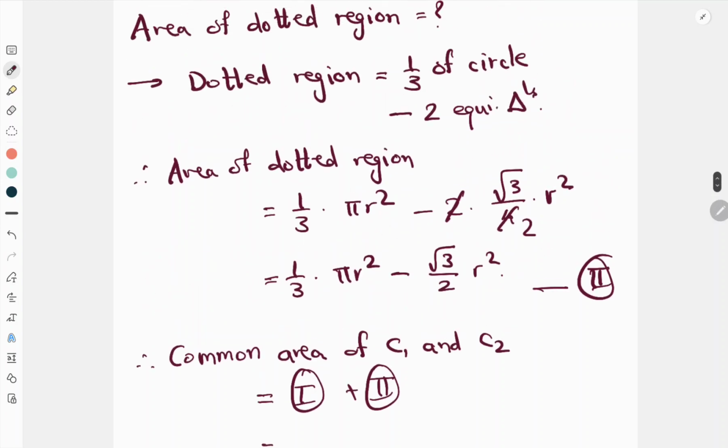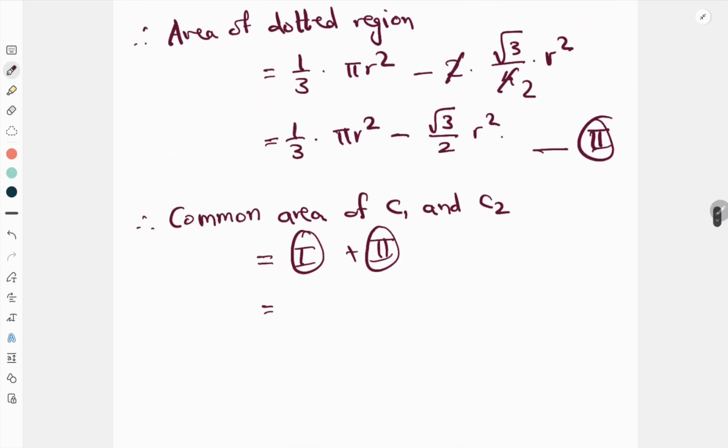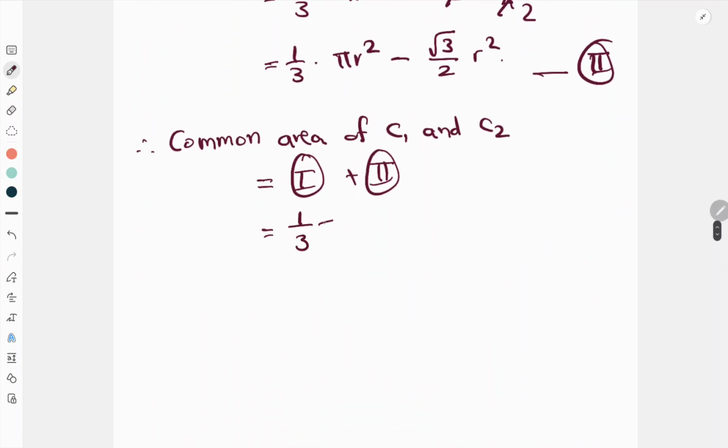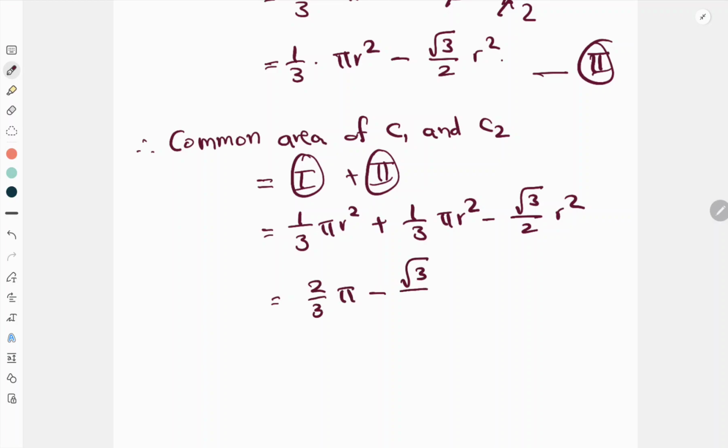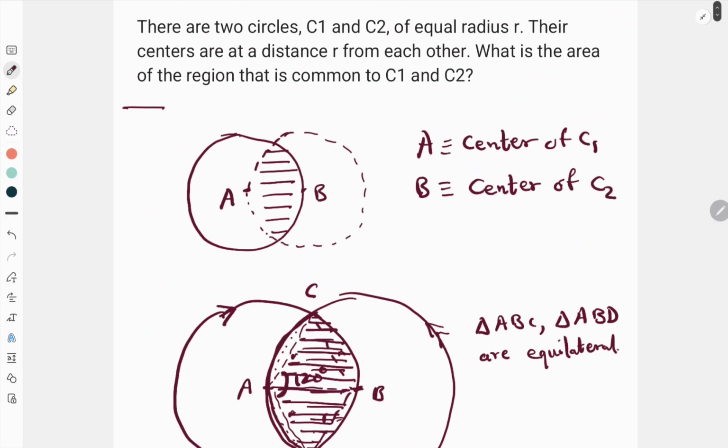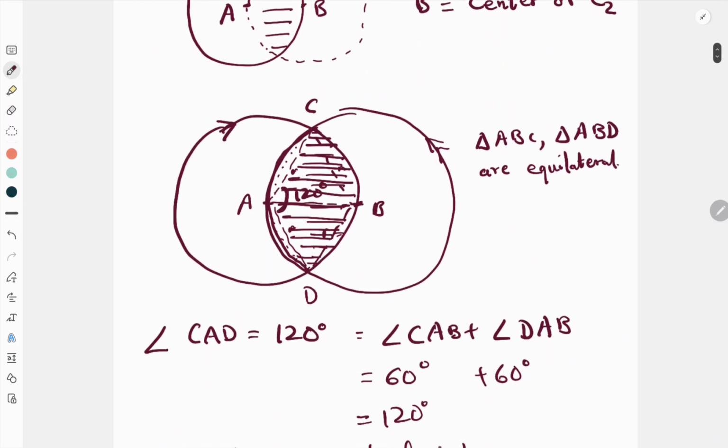What was 1? 1/3 pi r square, plus another 1/3 pi r square, minus √3 divided by 2 r square, which is (2/3 pi minus √3 divided by 2) r square. So that's it. That's the common area between the two circles.